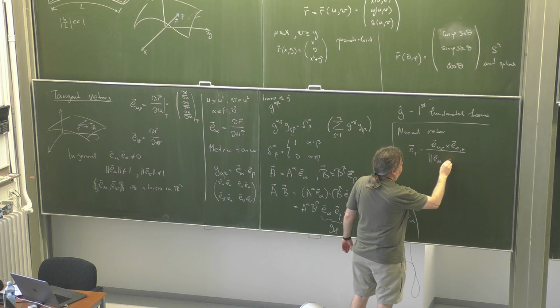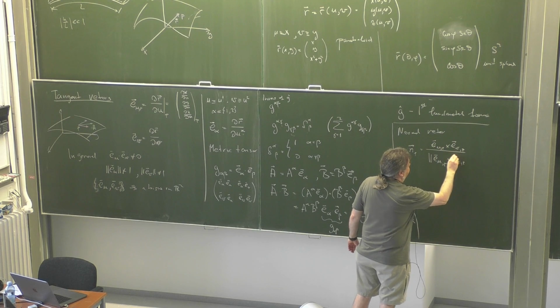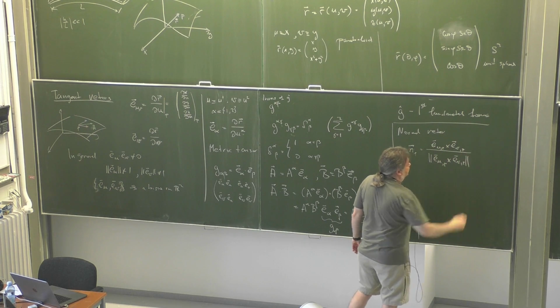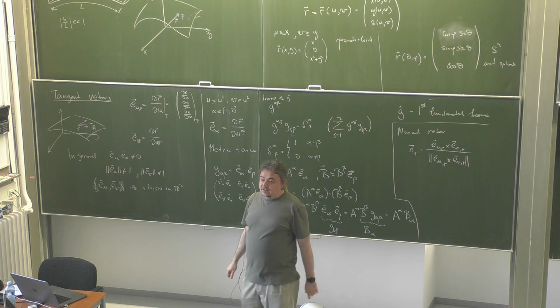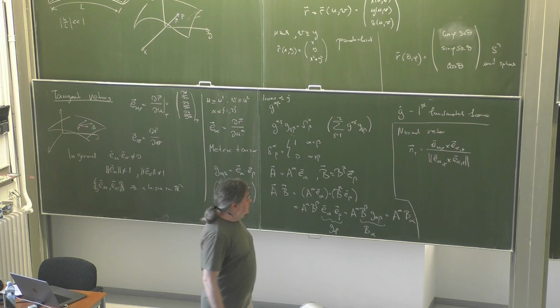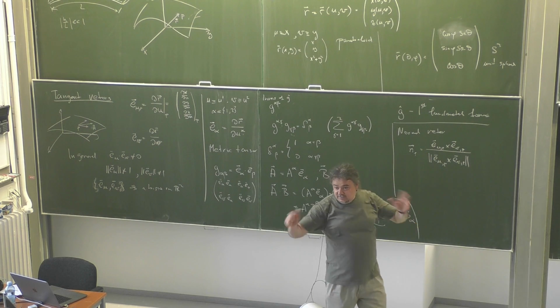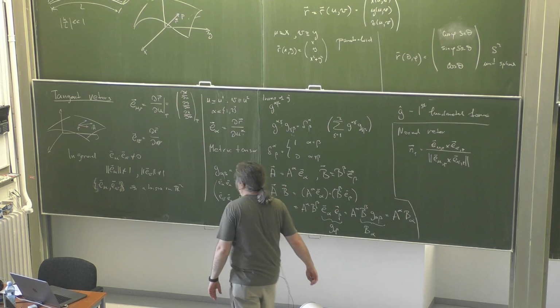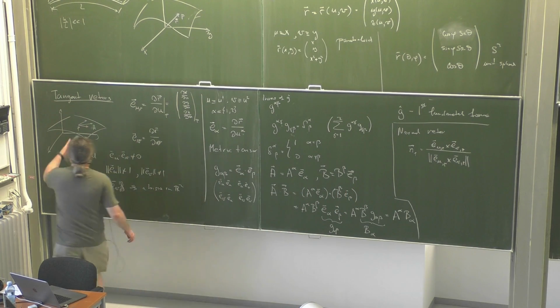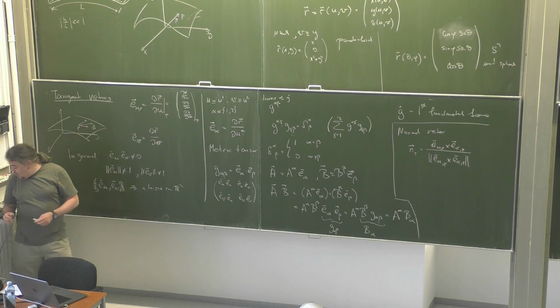Divided by the norm, by the length of their cross product. This norm in here is your regular norm in R3, right? So this is just your x squared plus y squared plus z squared, square root. So effectively what I do, I take these two vectors and I cross product them.